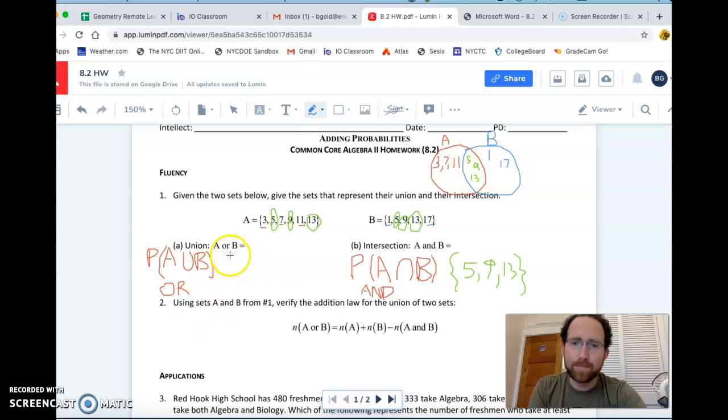This set will be, going in order, 1, 3, 7, 11, and 17.